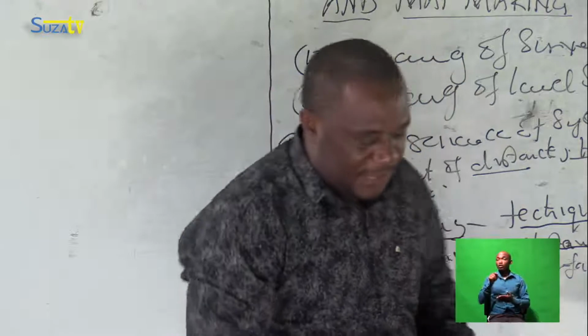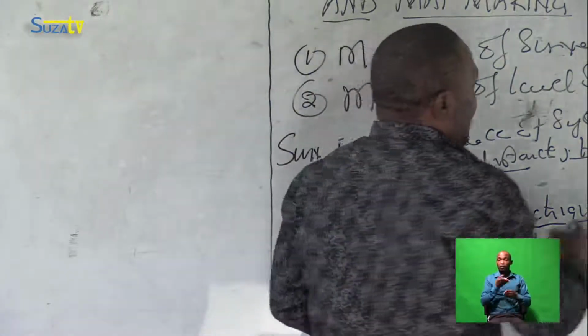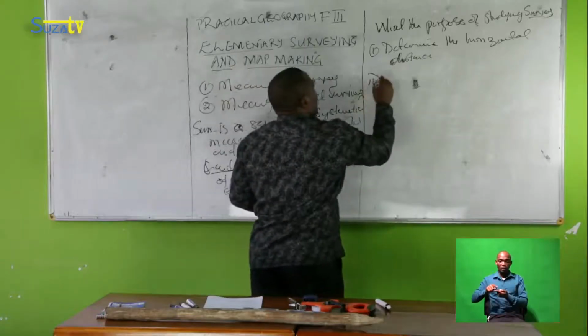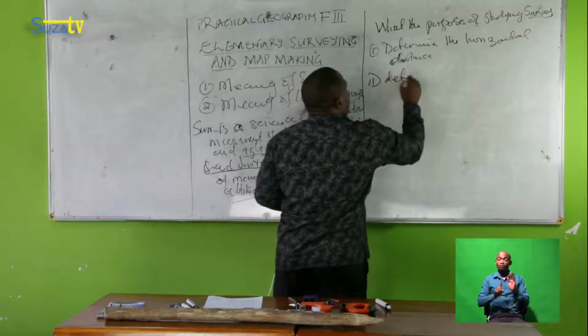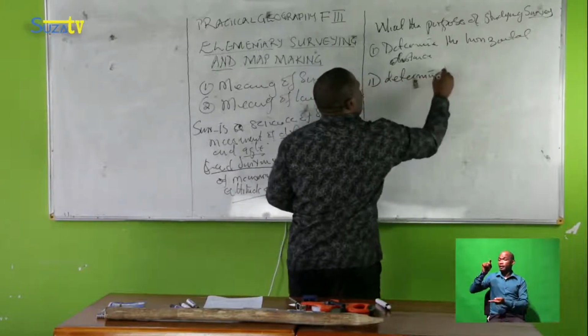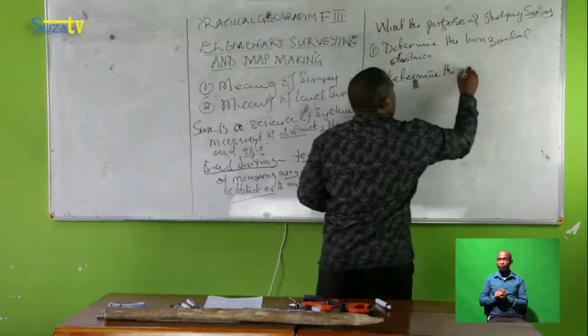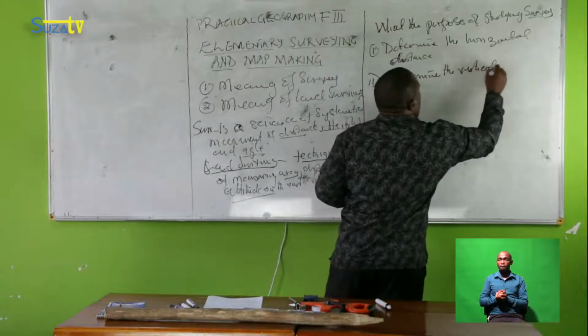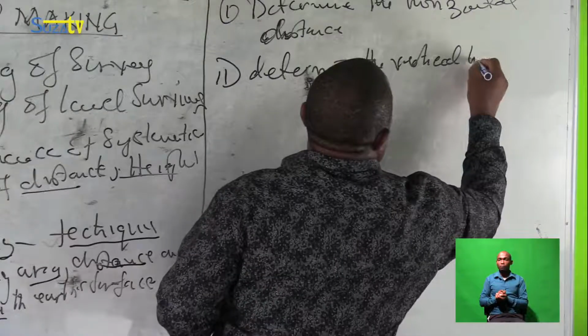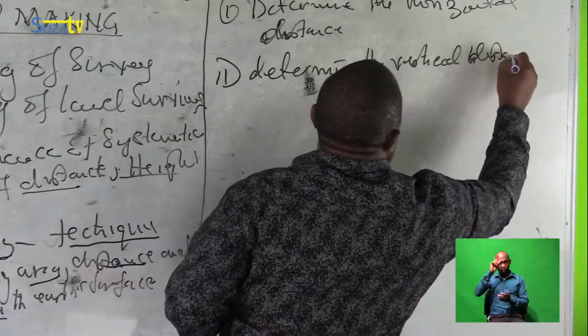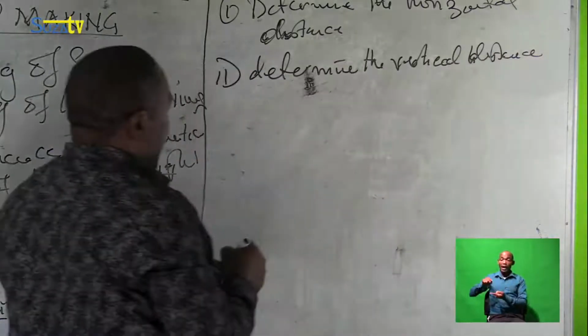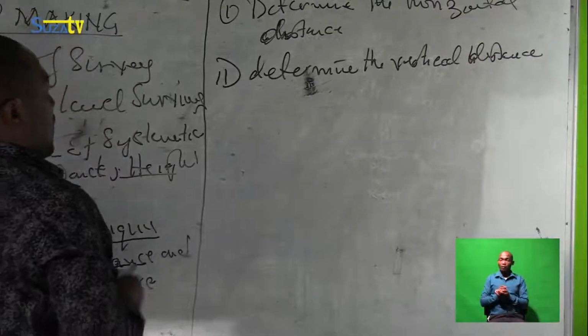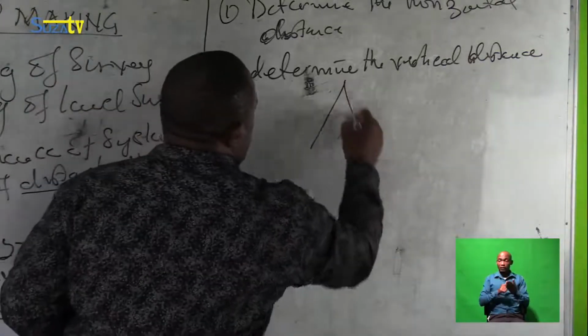That is one. The second one is to determine the vertical height, or vertical distance, which is the height of any vertical object. Example, my students, a mountain.